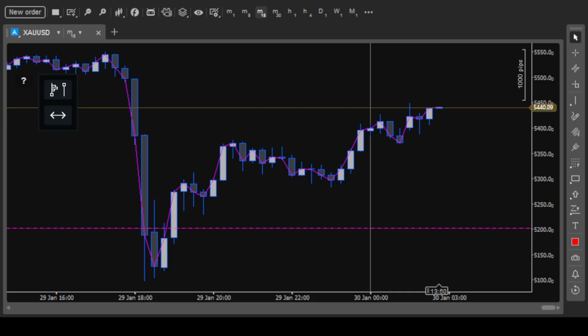There's a big gap in there that hasn't been filled. Will it? Who knows? I just mark it off to know it's there. I put this on 3 o'clock on my chart time. 3 o'clock's 10 o'clock Australian time. And then I use the purple line.